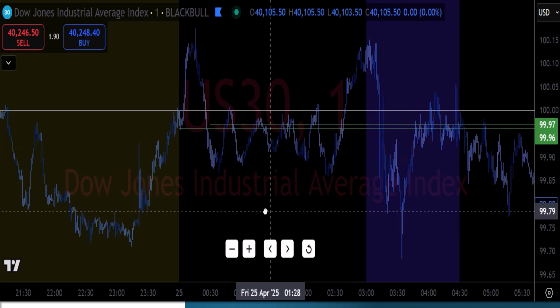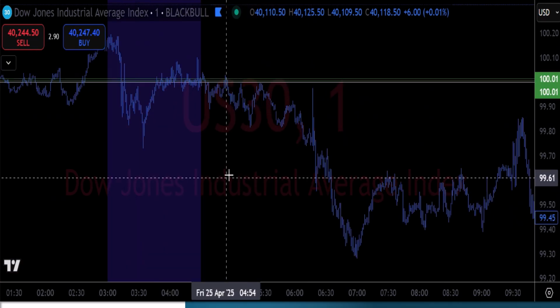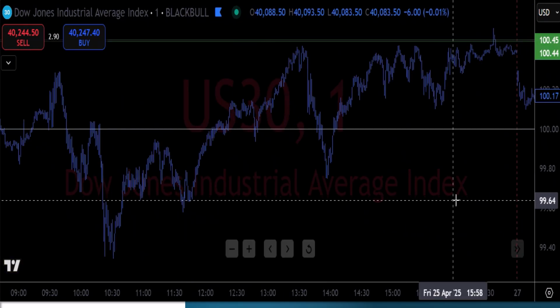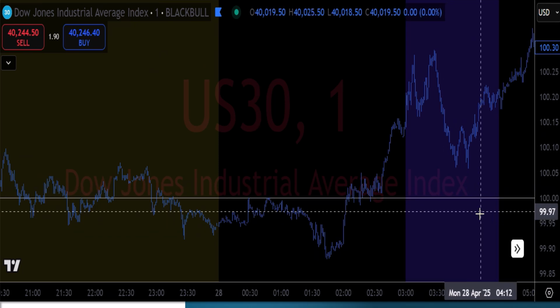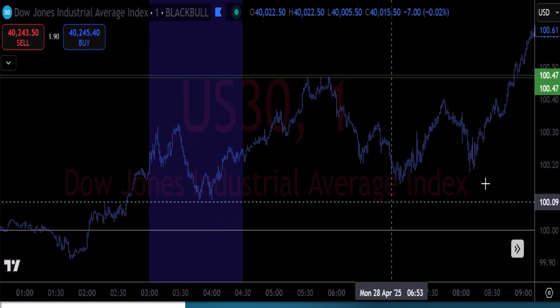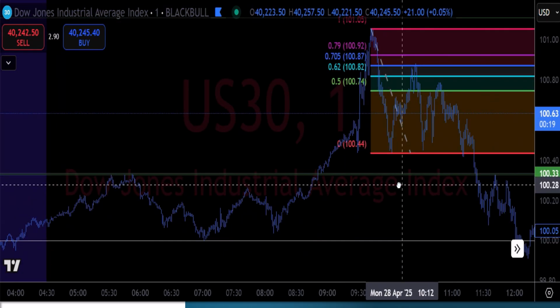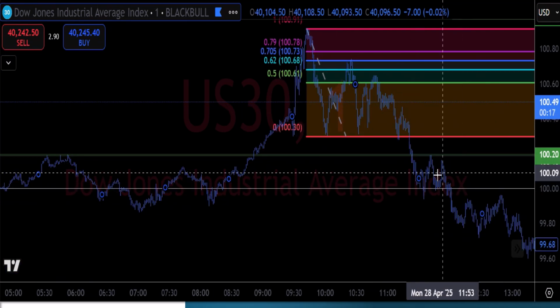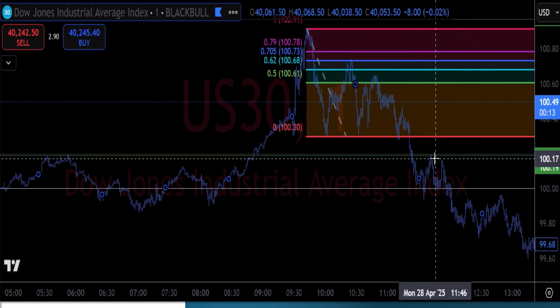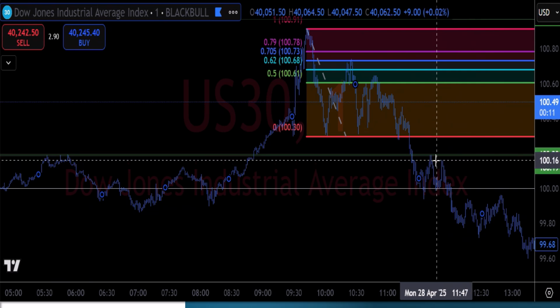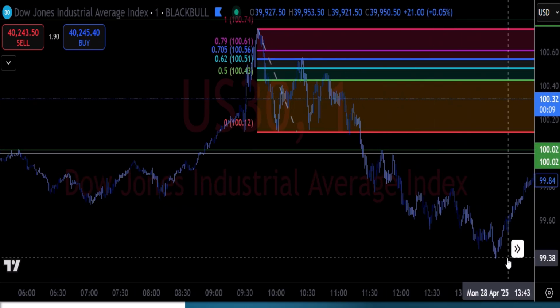The market traded back into that opening range as well, and you can see it turned into resistance after it traded back into that.